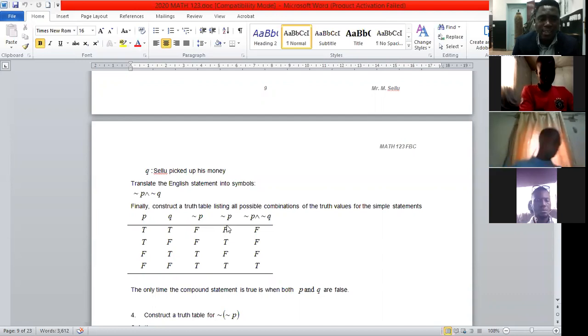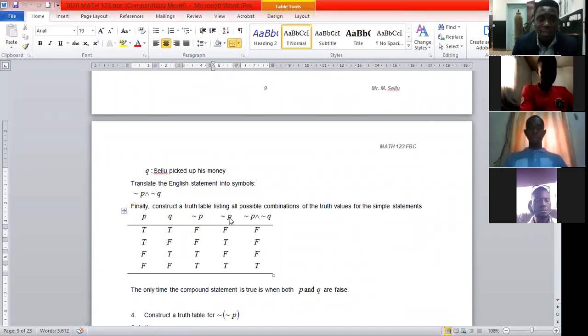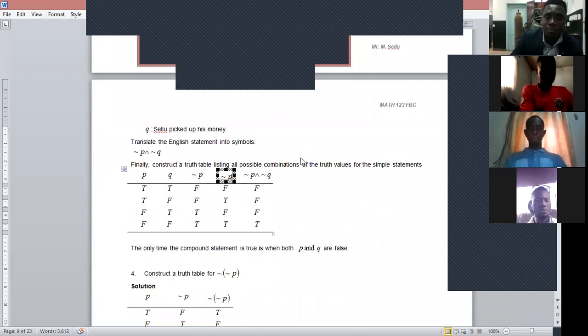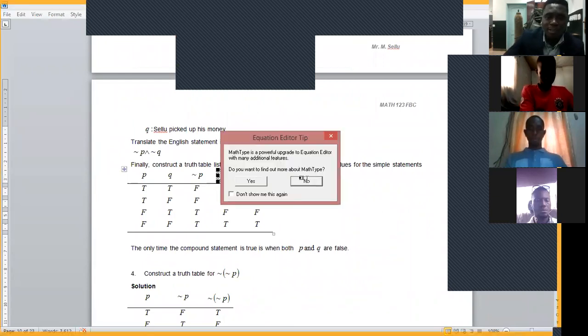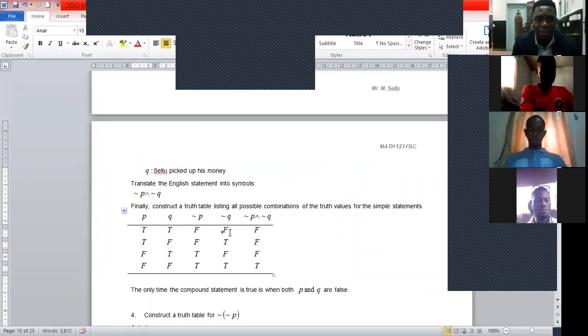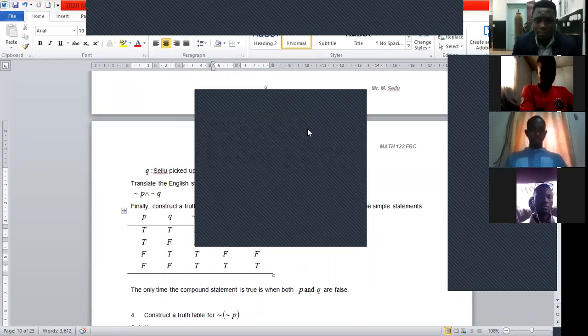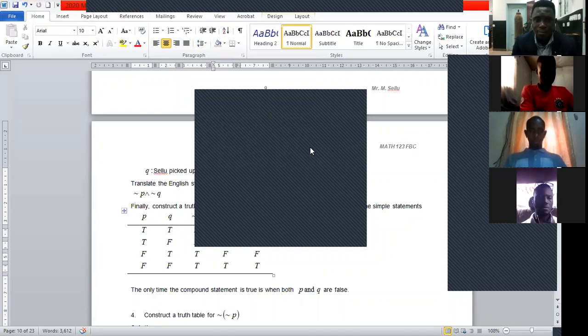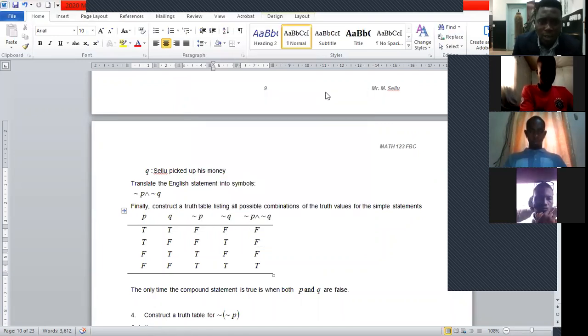And that is the negation of P. This should be the negation of Q. The negation of Q: look at Q, I have true, false, true, false.